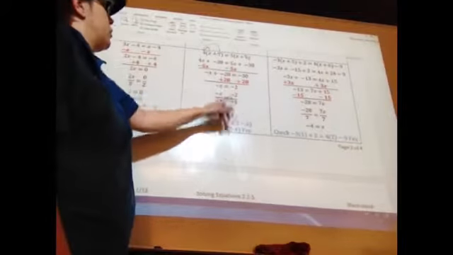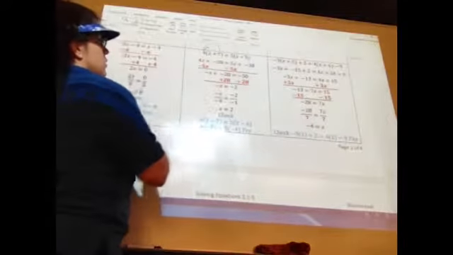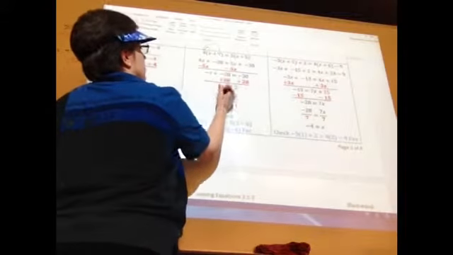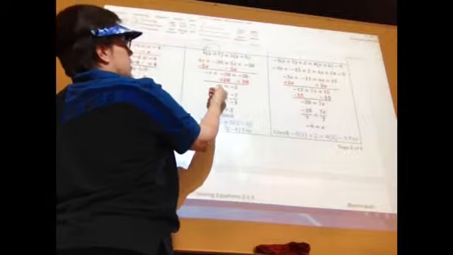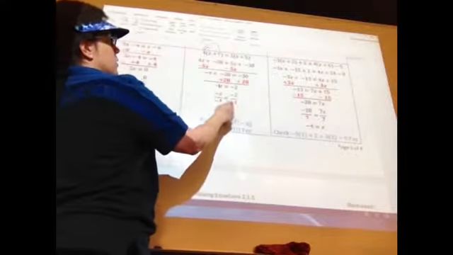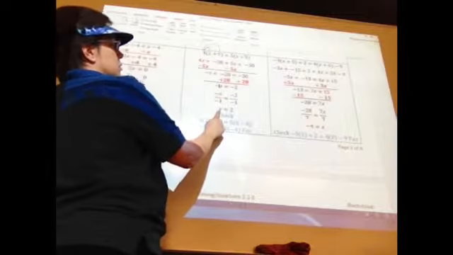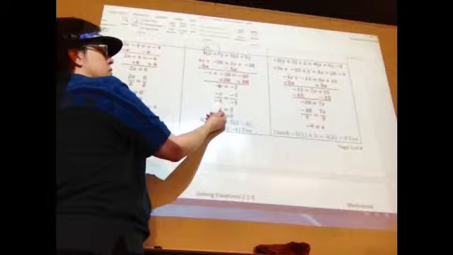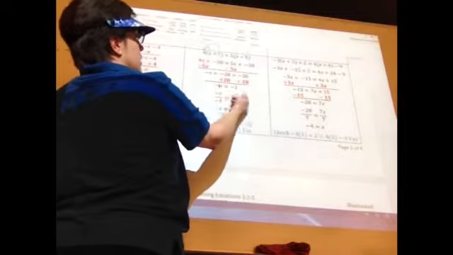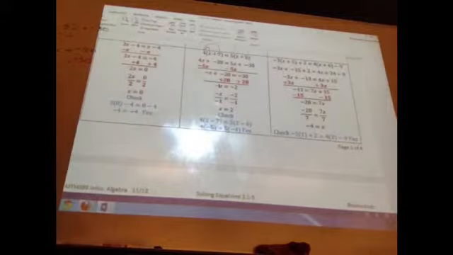The other way is to say, well, negative x is the same as a negative 1x, so my coefficient is negative 1, so I'll divide both sides by the negative 1. The negative 1 will divide out, I'll be left with x. Because of course negative divided by negative is positive, x divided by 1 is just x. And negative 2 divided by negative 1 is a positive 2. So we get x equals 2.